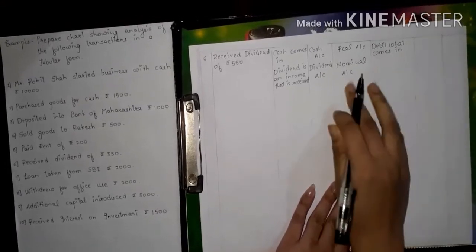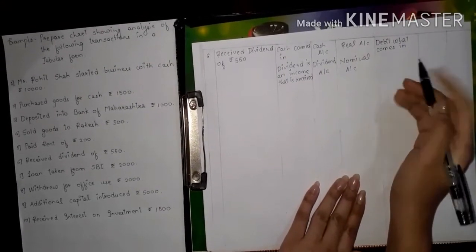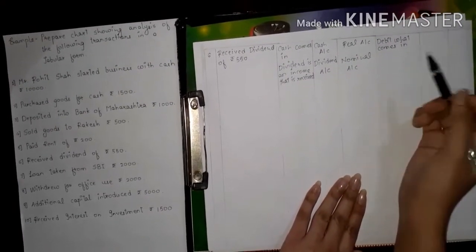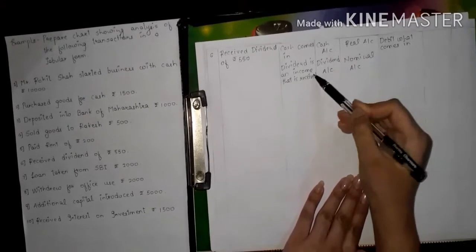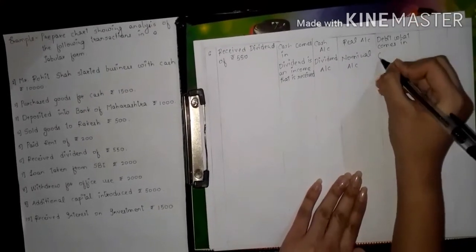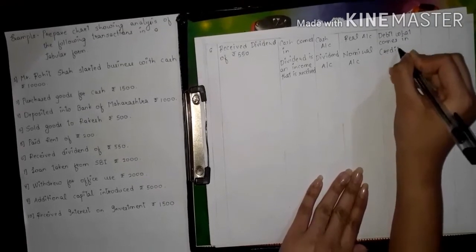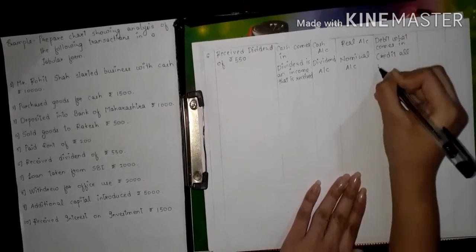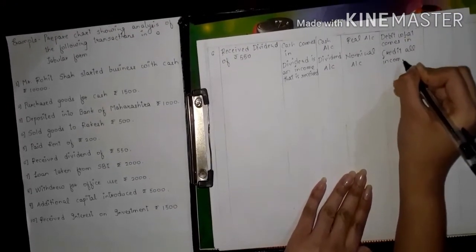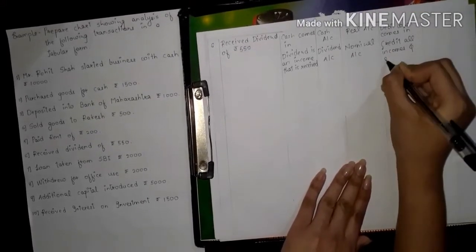Okay. Nominal account: debit all expenses and losses, credit all incomes and gains. Now here we have received income, so credit will be affected. Credit all incomes and gains. Okay.